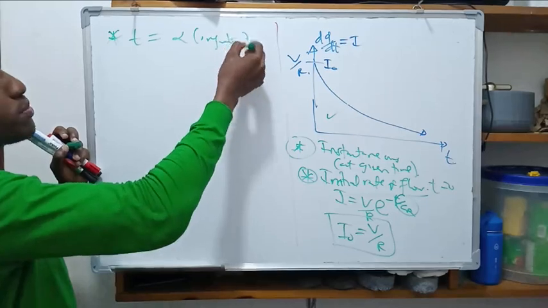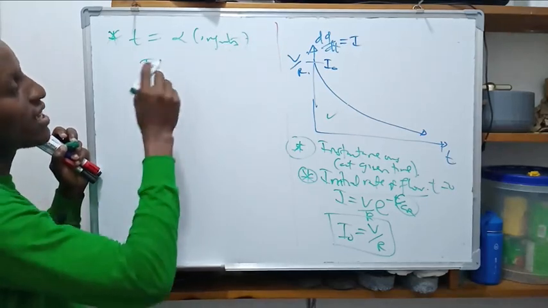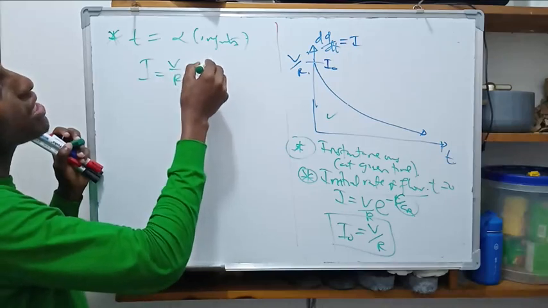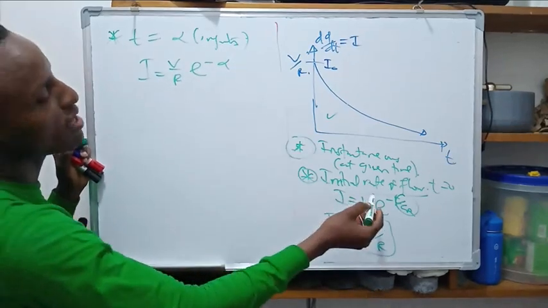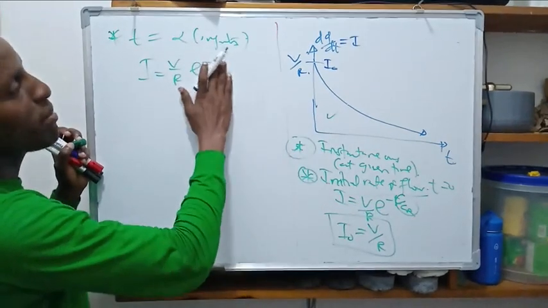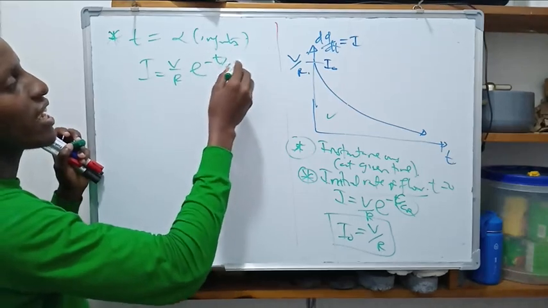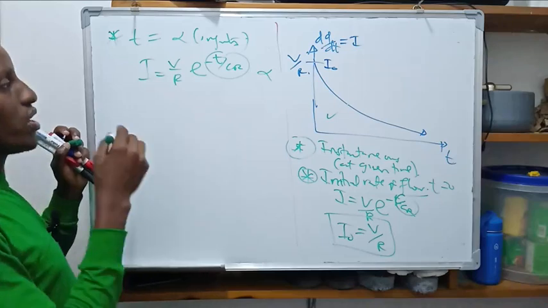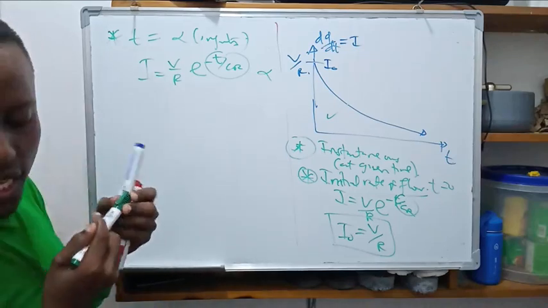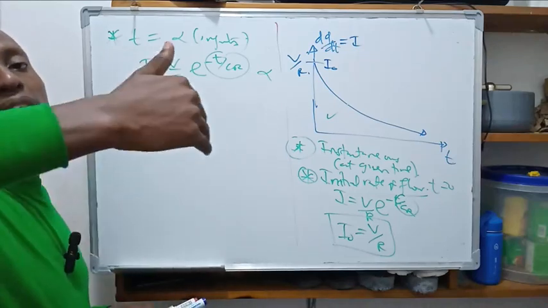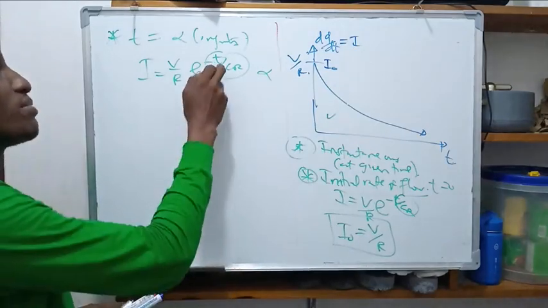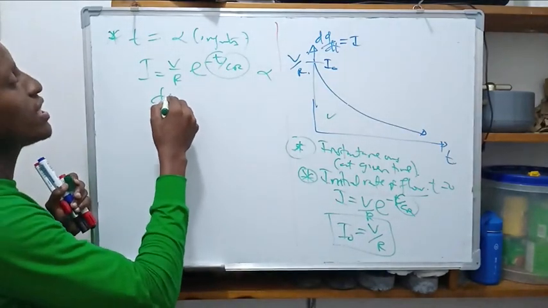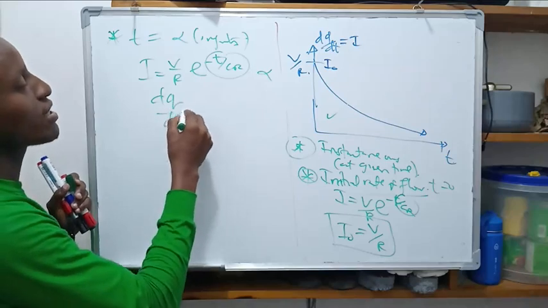Speaking about that, the rate of flow of charges is equal to V over R times e to the power negative t over CR. If time is very large, the whole thing becomes negative infinity. Put e to the power of a very large negative number, and this becomes 0. So all of this cancels, and you get dq per time equal to 0.